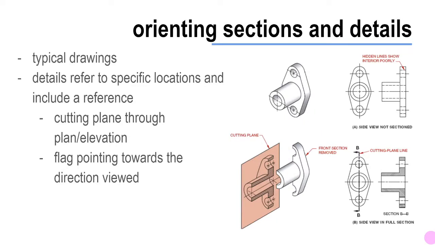One thing to kind of consider too is that section views are not something that are just standard for architecture. Section views exist in all forms of drafting, and so if we go towards engineering and kind of manufacturing, the section view is still a concept. And you want to think about how you orient your section cut and how you orient your section views in relation to other drawings in the set.